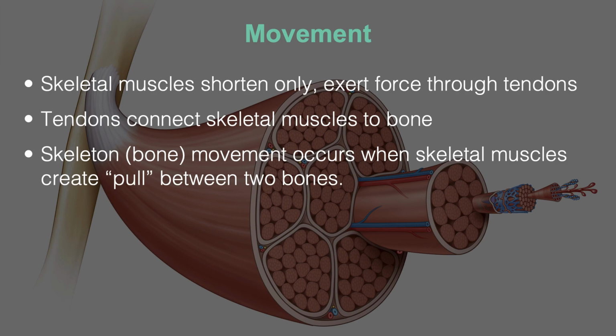You're contracting, you're shortening muscles that bring your spine into proper alignment. Muscles only shorten. They only create a pull. Muscles do not lengthen. Actively, you can't contract them to make them longer. They don't push. They only create a pull.